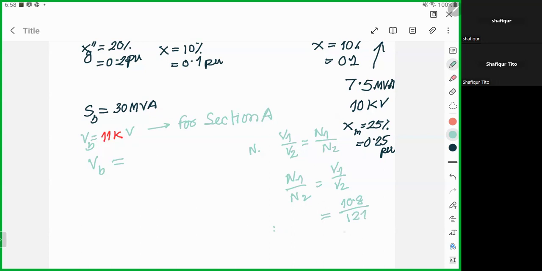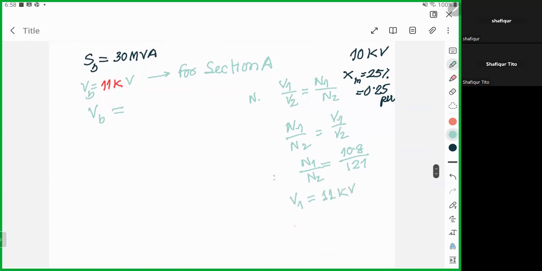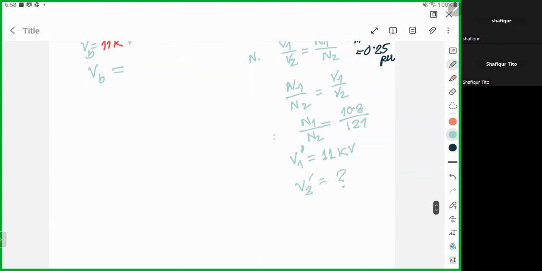Now we want to find the new V2, which is equal to the N1 to N2 ratio. Now our new V1 is 11 kV, so we need to find the new V2. Let us write this with a prime: V2 prime is what we want to find. We will use the same formula: V1 prime divided by V2 prime is equal to N1 by N2.